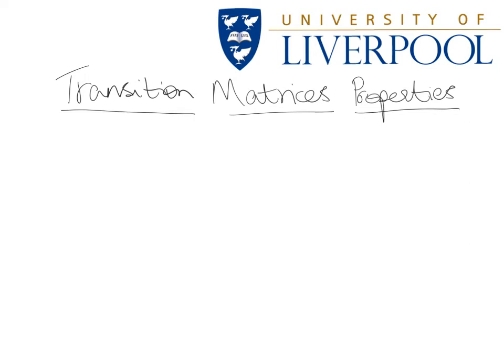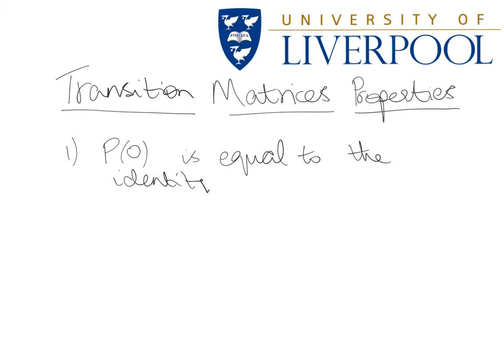We quickly note the properties the transition matrix must satisfy for a continuous time Markov chain. The first property it must satisfy is that P(0) is equal to the identity matrix. The second property it must satisfy is that the rows of the transition matrix must sum up to 1.